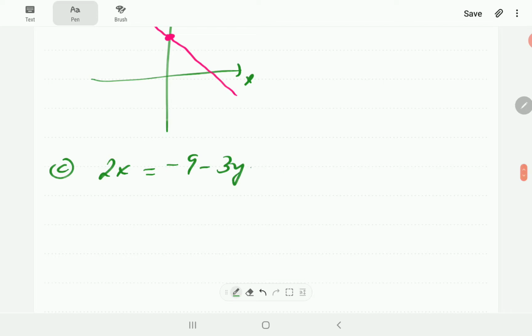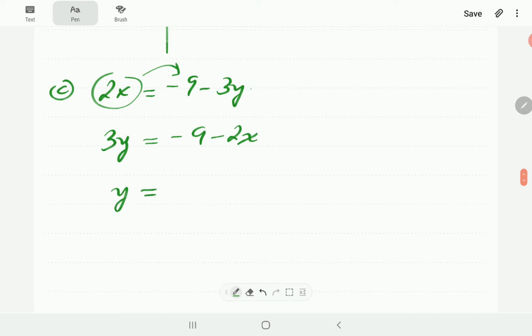Now we can see that in this problem y is not the subject of the formula, so this equation is not in standard form. So the first thing we're going to do is to make y the subject of the formula. If we take this term and bring it this side, it is going to be plus. Take this one and bring it to the other side, it is going to be minus.